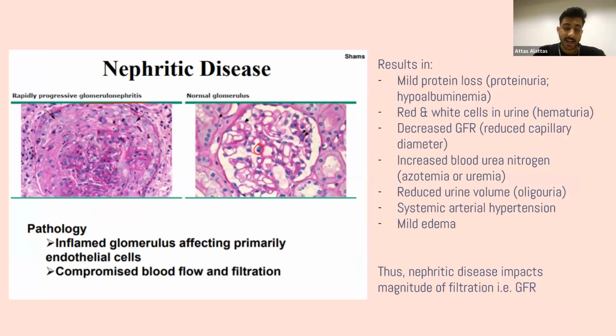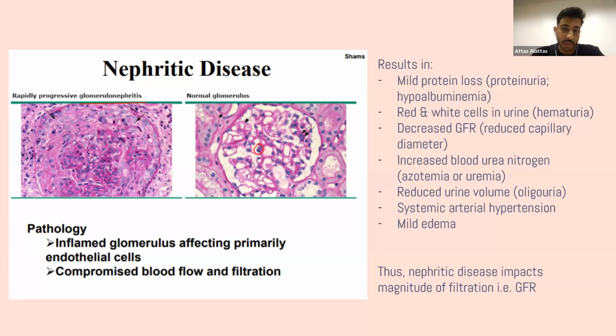So when there is a nephritic disease, the injury is in the endothelium of the capillary, and there will be inflammation. Because of the inflammation, the red blood cells and the white blood cells will be spilled into the urine, because that barrier that prevents the cells from being filtered is gone. So now the red blood cells and the white blood cells can be seen in the urine.